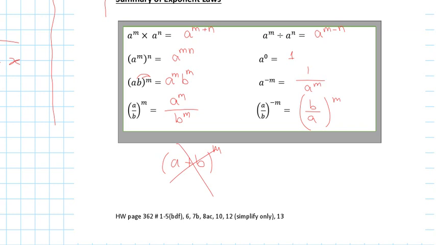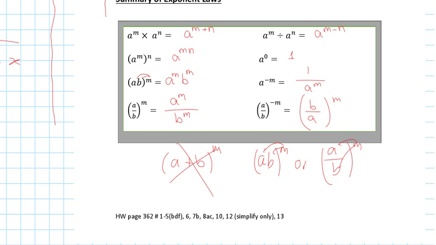Because it's not multiplied or divided. It's not AB or A over B. That's the only time where you can distribute your exponent in. If you have addition or subtraction, you cannot. It is not allowed, because then you have to write the A plus B, and then A plus B, and then A plus B, I don't know how many times.